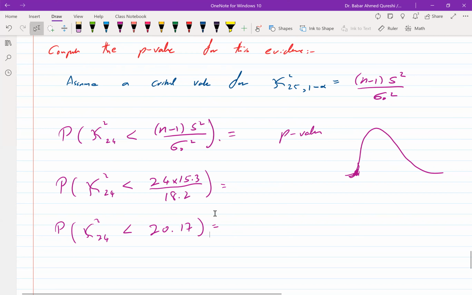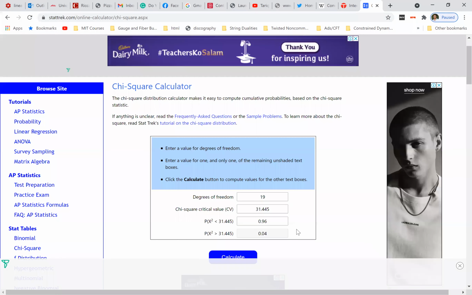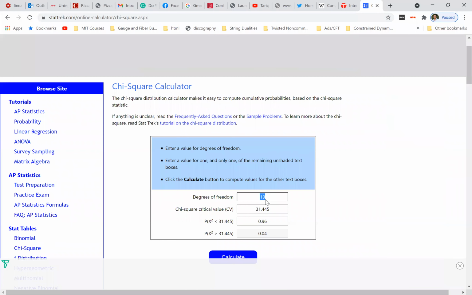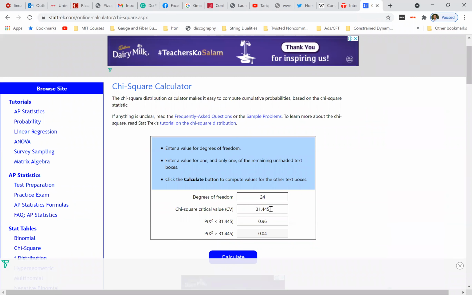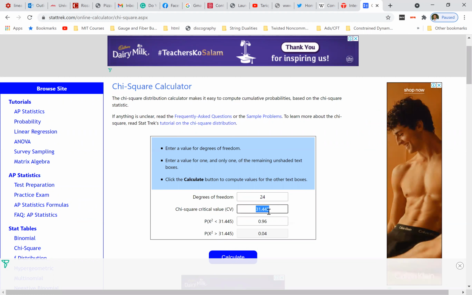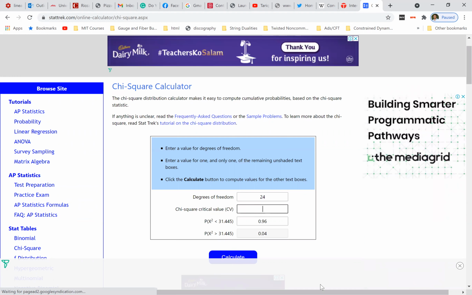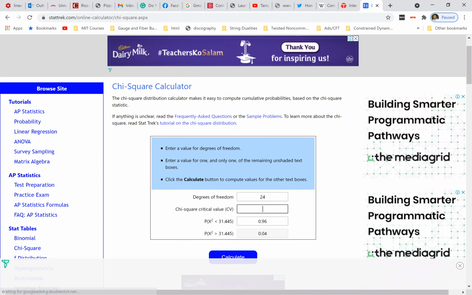And this probability I can compute by going to StatTrek. Degrees of freedom 24, critical value is 20.17.